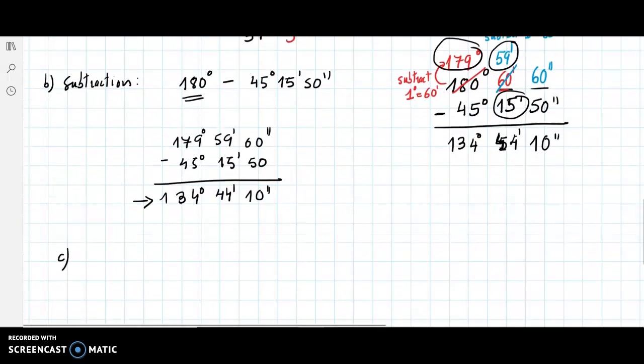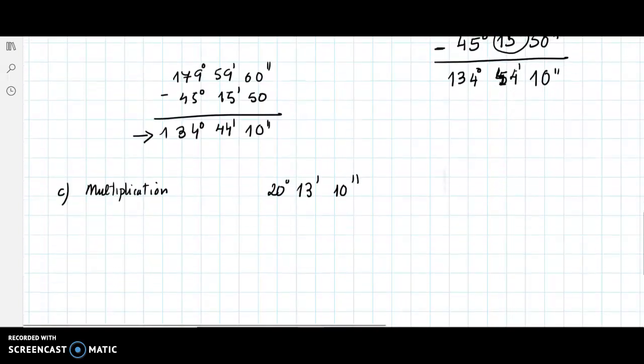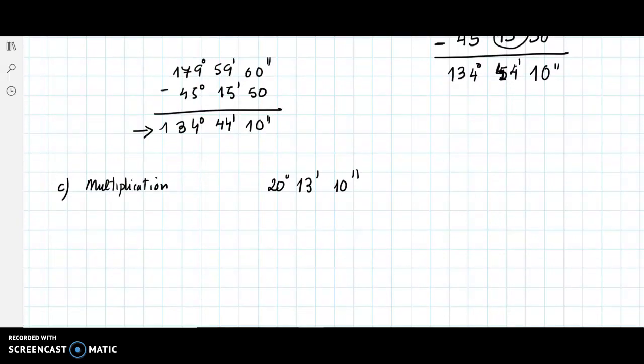Finally, we are going to see the multiplication of an angle. For example, 20 degrees, 13 minutes and 10 seconds by a number that is not an angle, for example, by 5. Again, we have to multiply separately. First the seconds, 50.